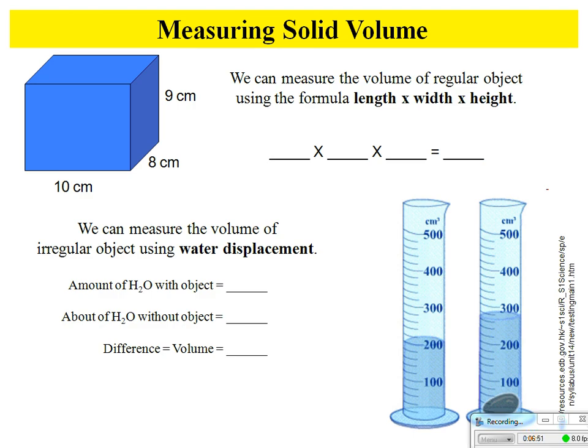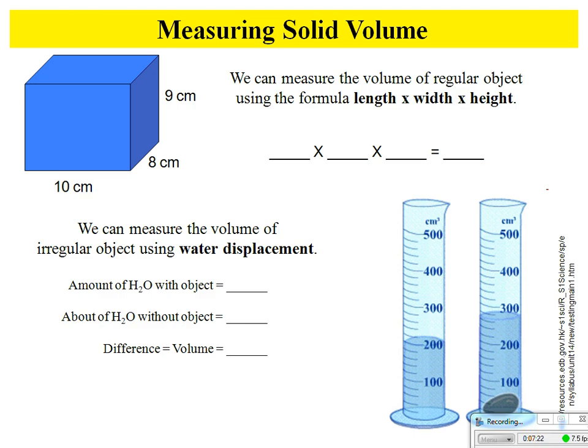When measuring the volume of an irregular object, we want to use the water displacement method. So what we need to do there is take a graduated cylinder and fill it up with a certain amount of liquid. So for example, 200 milliliters. We want to drop the object into the water and we want to see how much the water raises. And then mark down how many milliliters that we have.